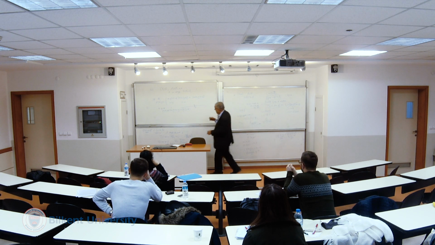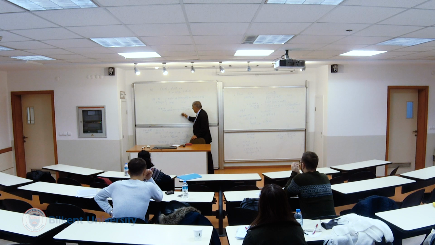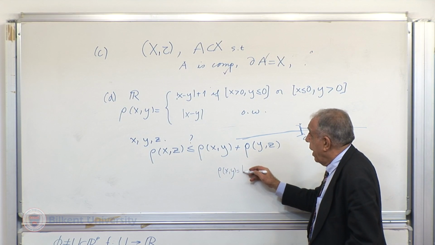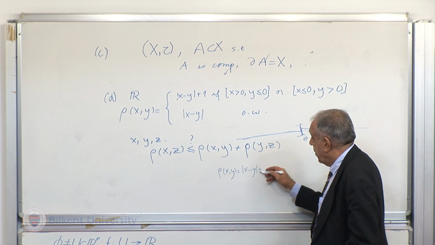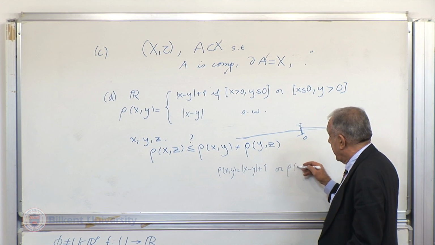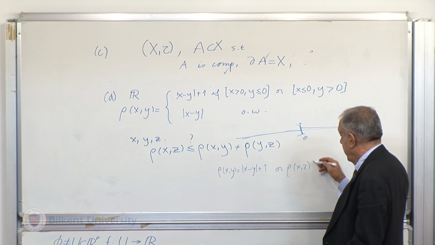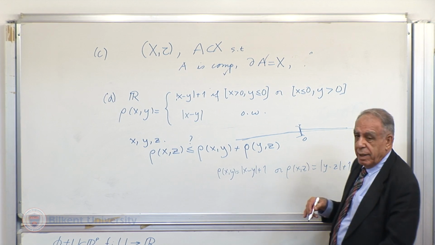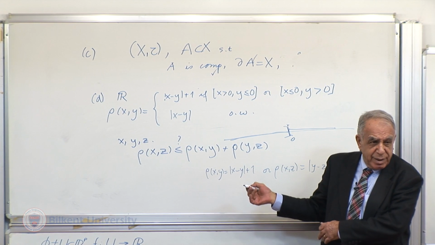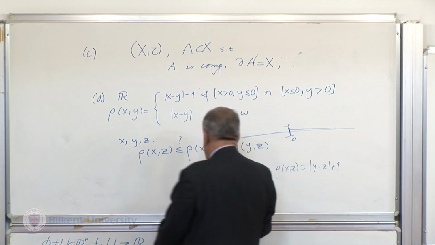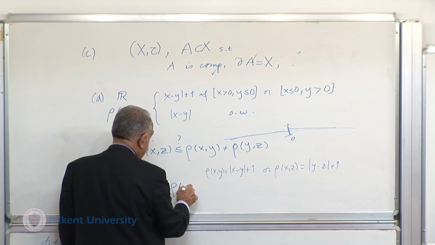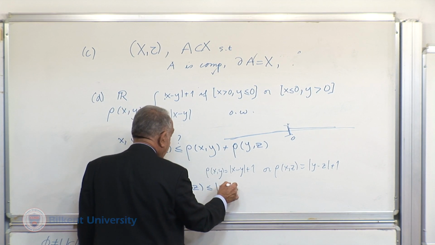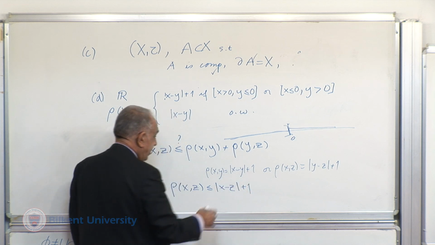Well, here if rho xy is equal to x minus y plus 1, or rho yz is y minus z plus 1, that's one case. Then rho xz will be less than or equal to x minus z plus 1.